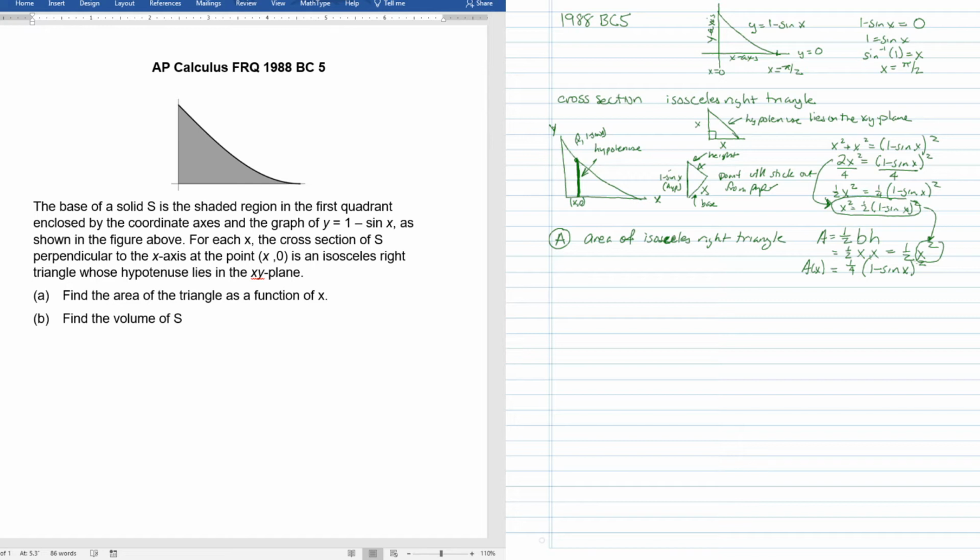So my final answer for question A is A of x equals 1/4 times 1 minus sine of x quantity squared.